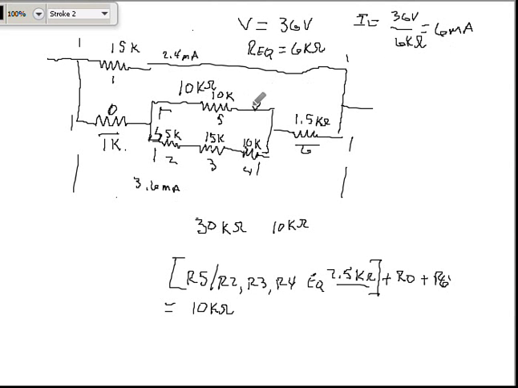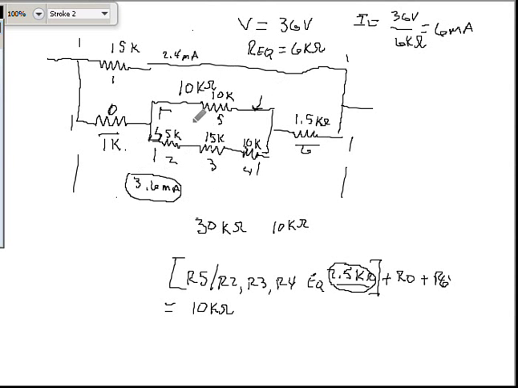However, this is equivalent to 7.5k ohms. So if I use Ohm's law, 3.6 milliamps times 7.5k, 3.6 exponent minus 3 times 7,500 equals.